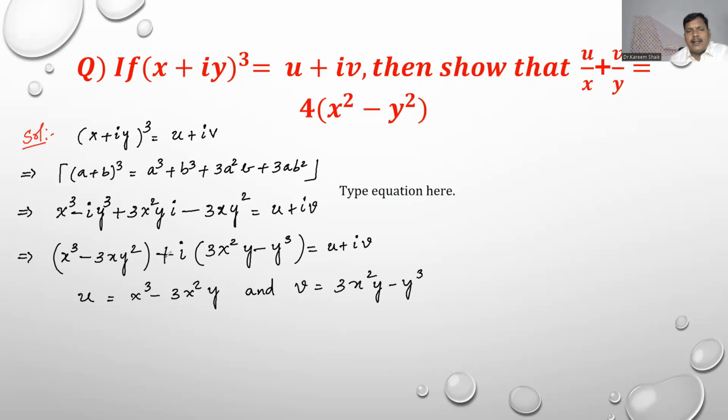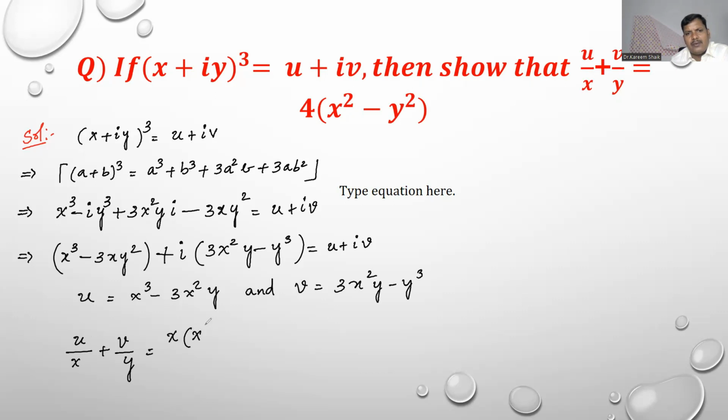Now, what do you want to find actually? U upon x plus v upon y. Now, from this, u value x cube minus 3x square y. Can I take common x?